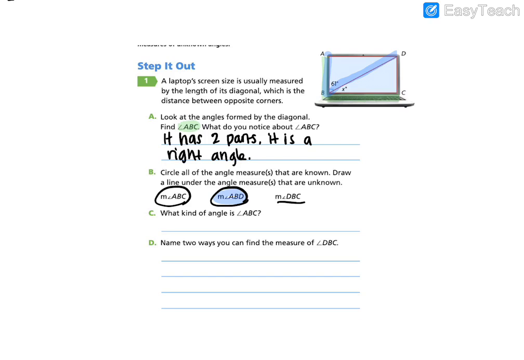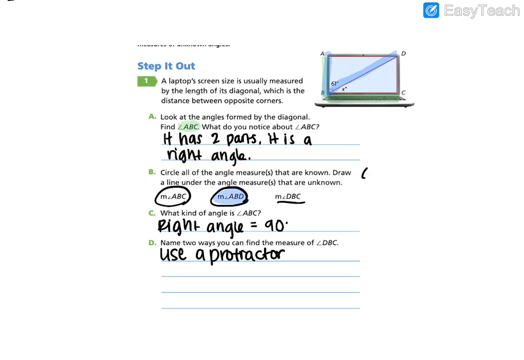All right, so letter C asks us what kind of angle is ABC. We've already answered that. We know it's a right angle. But let's go ahead and say what that's equal to, which is 90 degrees. What are two ways that we can find the measure of DBC? Well, one way is we can use a protractor, right? But we can also solve this without using a protractor, right?